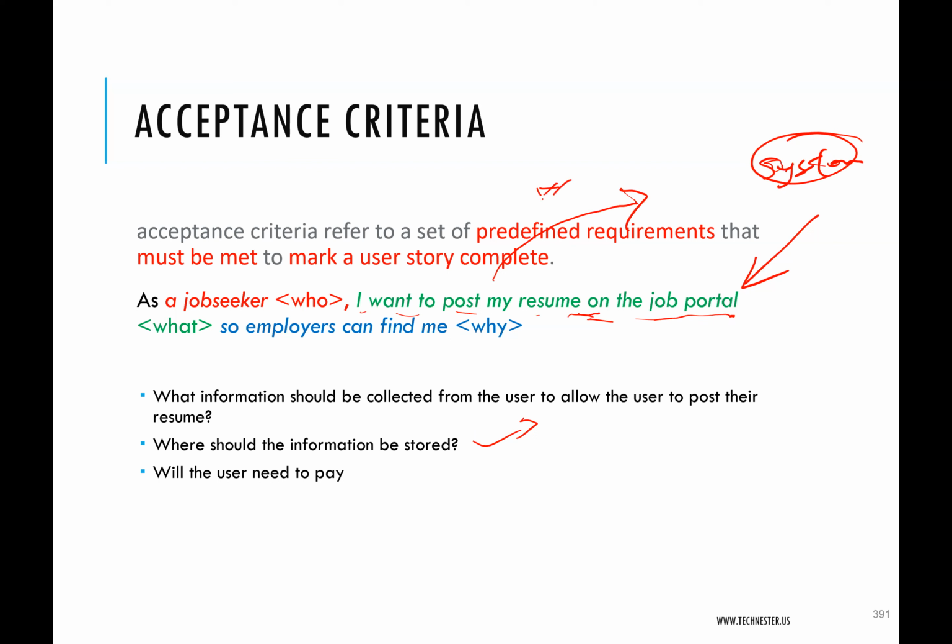What information from the resume do we need to go into the system? Can the user just post anything they like, or are there certain information we will need? Where will this resume information be stored on the system? Will the user need to pay? Whatever will be required for that story to be considered done and okay is what forms your acceptance criteria. Acceptance criteria will depend on the stakeholder and what they want.